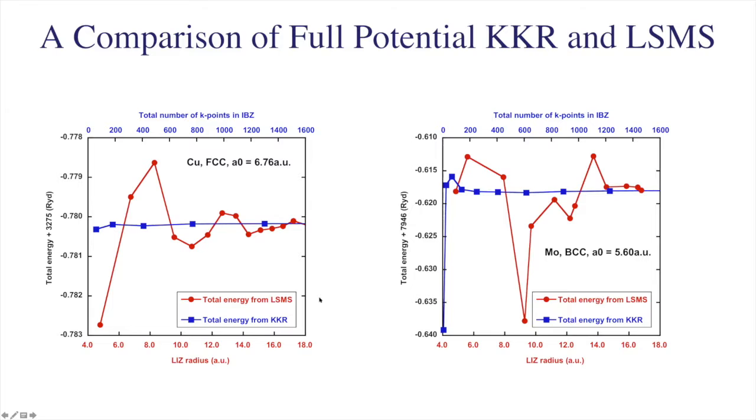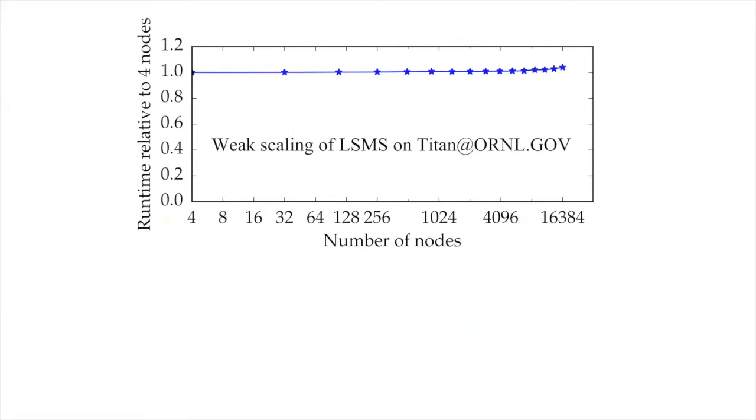As the local interaction zone becomes larger, the two solutions agree with one another. This is a weak scaling of LSMS measured on Titan at Oak Ridge National Lab, where it used that many nodes. The calculation takes advantage of GPU acceleration, where the GPU is used to accelerate the inversion of that matrix.